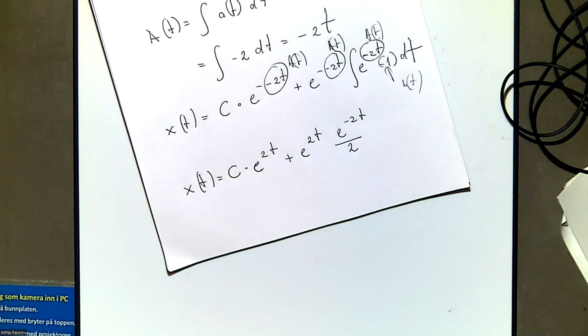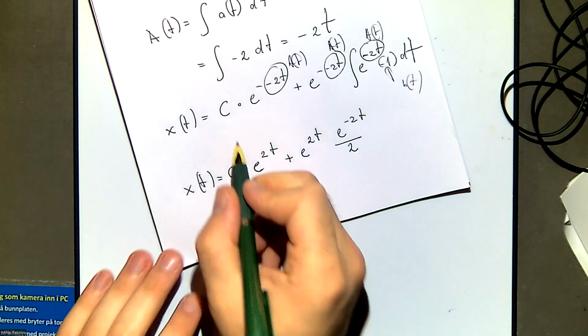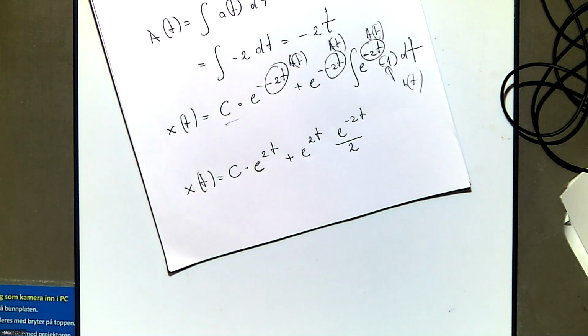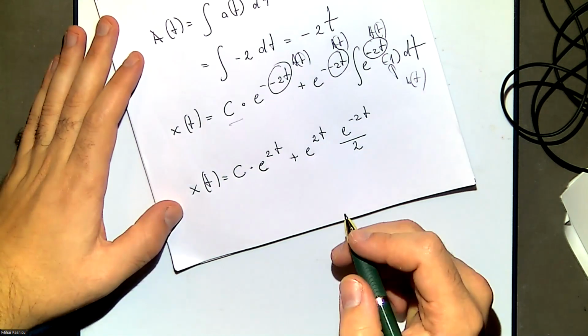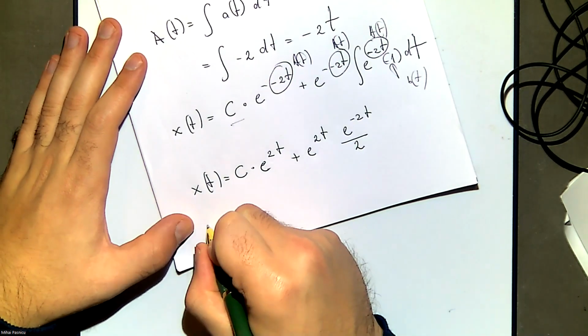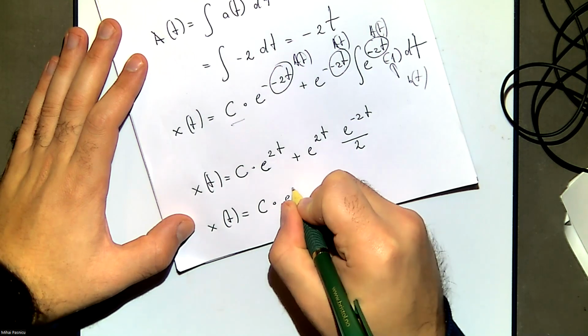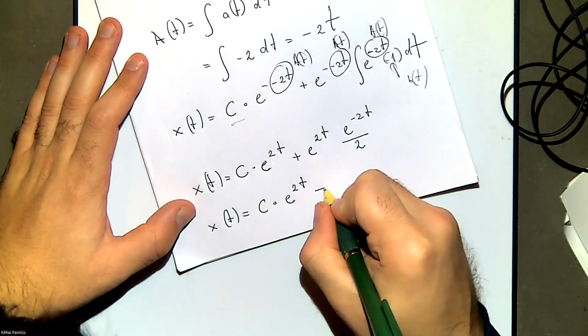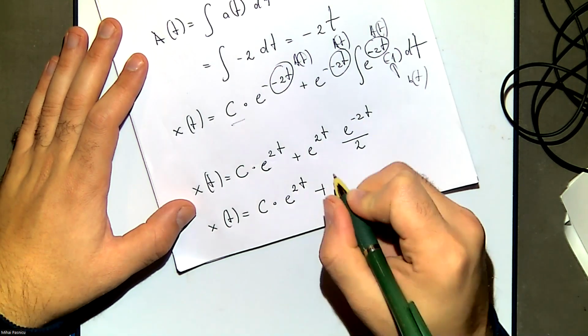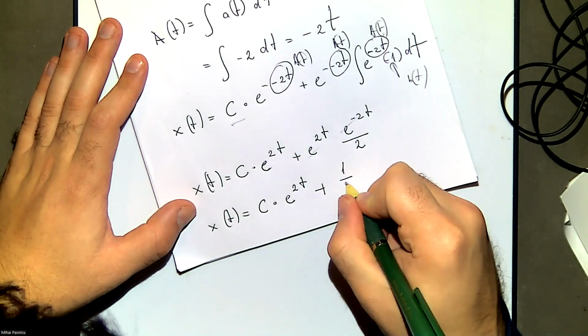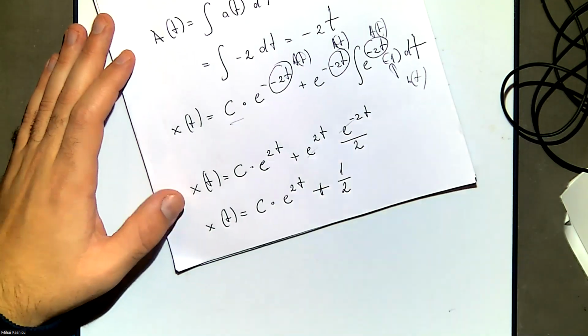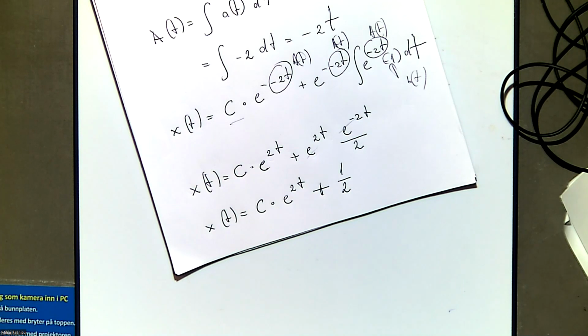Again, there's no need to write the constant here; if I remember this one here, they're just going to cancel out. You can try it for yourself or you can believe me. So now my final answer is x(t) equals a constant times e to the 2t plus this cancels out, a half. And this is my final solution. I'm done.